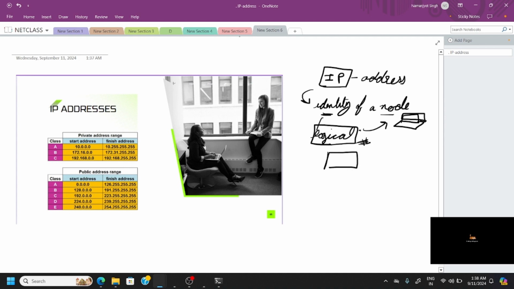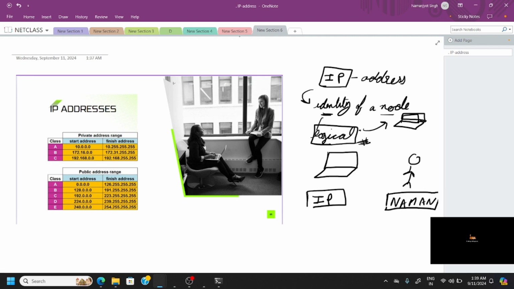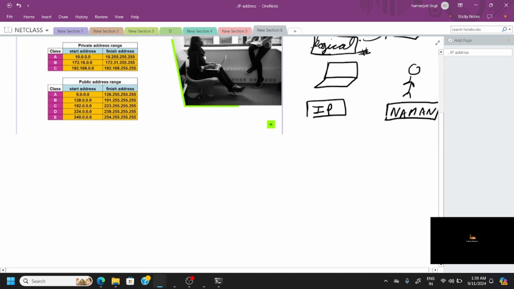For example, you have a PC, and you are a person having the name Naman. Same is the case with a PC. A PC has a name, the IP. Just by analogy, there are a few more concepts in between as well, like the MAC address. That is also an identity, but a physical identity. Physical means the real identity. Okay, so let's say IP is the logical identity of this node.